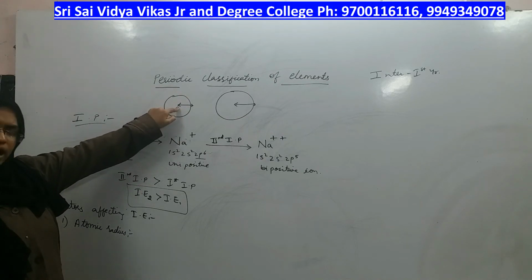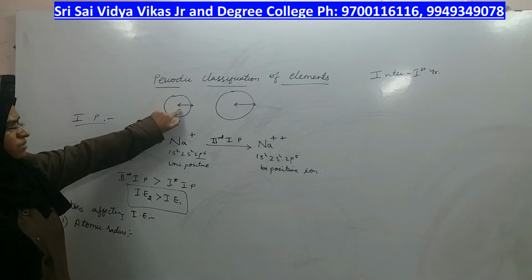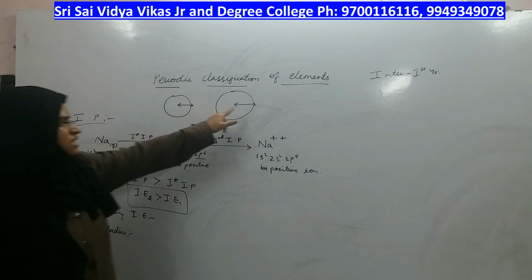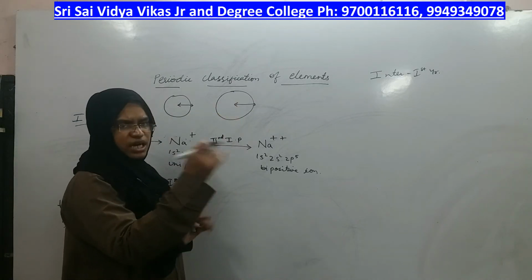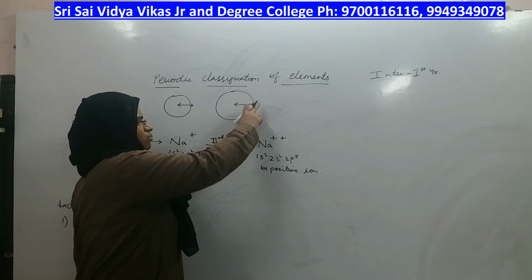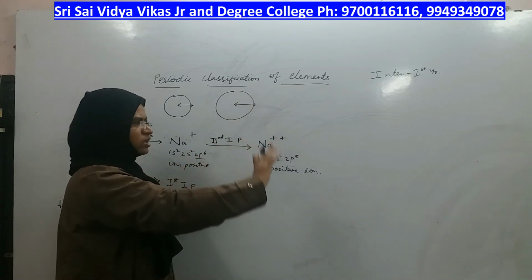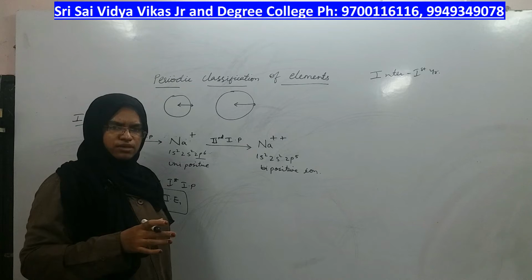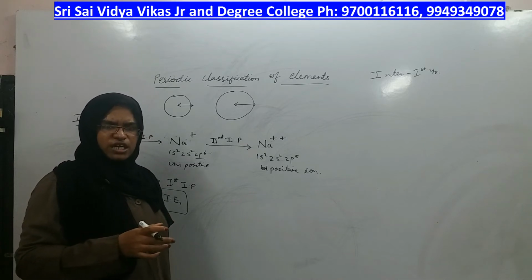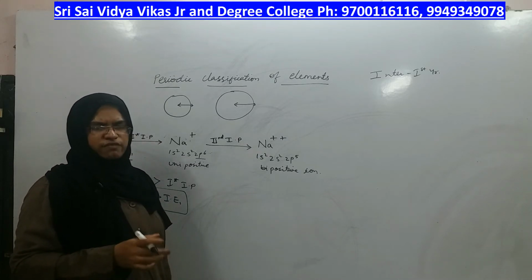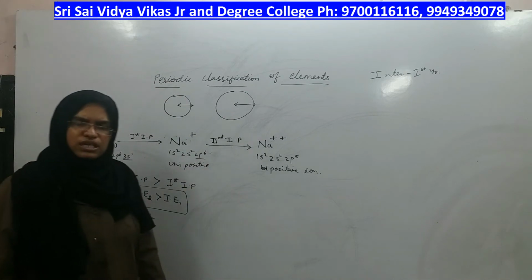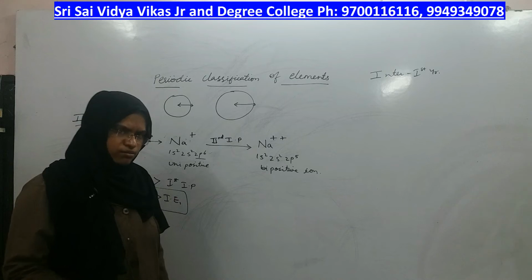Therefore, you need high ionization potential. When atomic radius is less, ionization energy will be high. But in the second case, the atomic radius is high. That means the valence electron is a little away from the nucleus and the distance between them is more. If the distance between them is more, the nucleus will not have that much electrostatic force of attraction on the last electron, and that electron is very easy to remove, right?